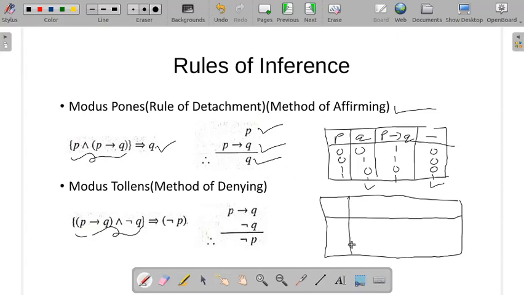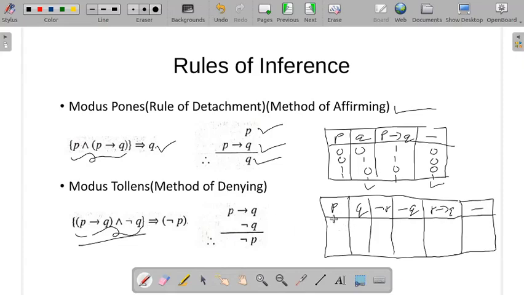So just have P, Q, negation P, negation Q. So we can have P conditional Q. Last one we can have the final one.